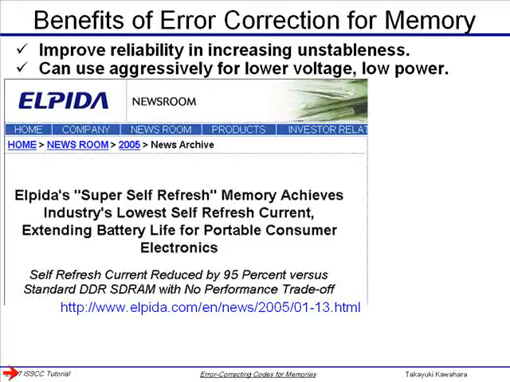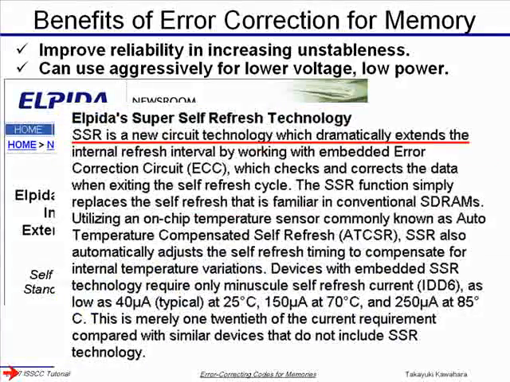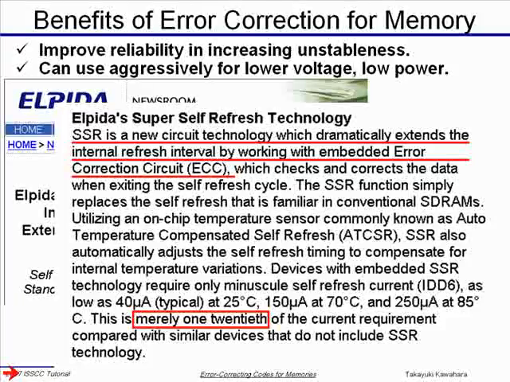As you know, in the standby mode of cellular phones, most of the power is consumed by the refresh of the dynamic RAM. So they introduced ECC, which makes the refresh interval very long. They said that just by introducing ECC, the power is 1/20th. So it's another story, not improved reliability, but used aggressively for low power and low voltage.